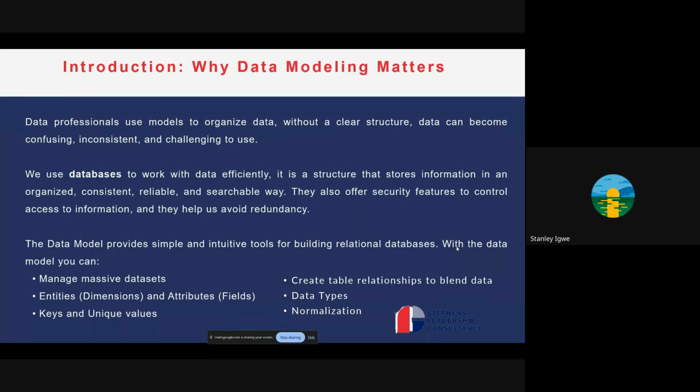Is it sciences? Depending on what you are interested in, you also need to know that. And this helps you when you are designing your data model, because you need to know where things are going to go, what the features are that you are interested in. And what the data model will do is to make things simple for you to be able to connect and design a database, because you have to store this data.